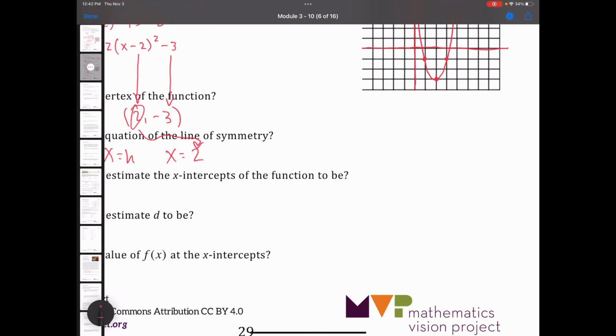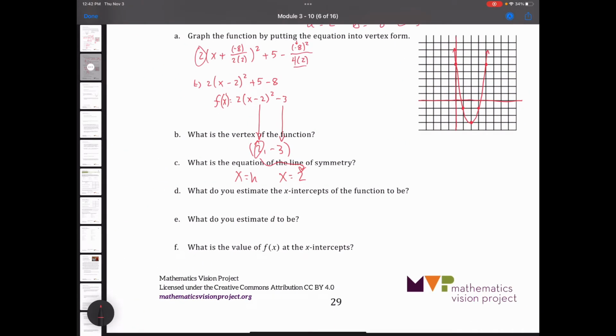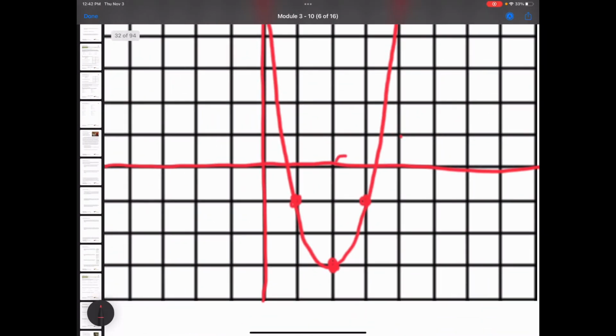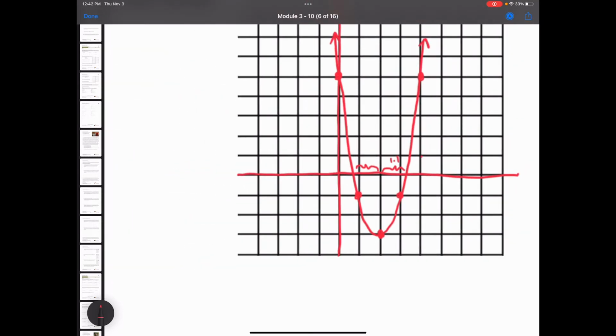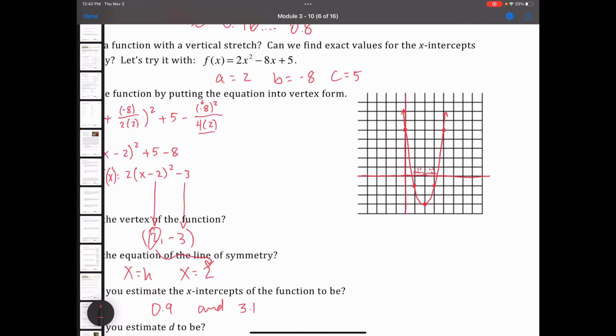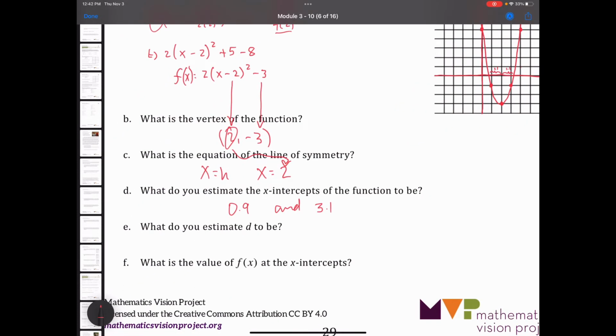So I'm going to actually say 0.9, maybe 0.9 and 3.1. Now, remember also, when I'm estimating d, d is this distance right here, and I have estimated it to be 1.1, because 2 plus 1.1 is 3.1, and 2 minus 1.1 is 0.9. Okay, so I've estimated d to be approximately 1.1.